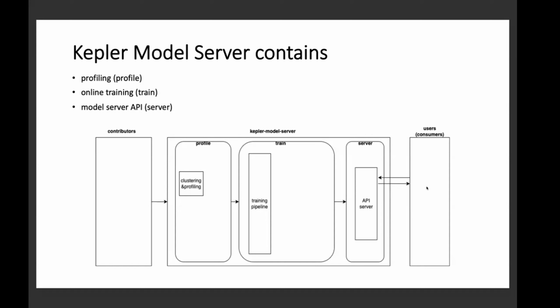So the thing that makes me confused is the current architecture module. Inside the Kepler model server we have another server, or the training part, I would say the profile, the training and some interaction API endpoint, all of them are in the same component named Kepler model server.